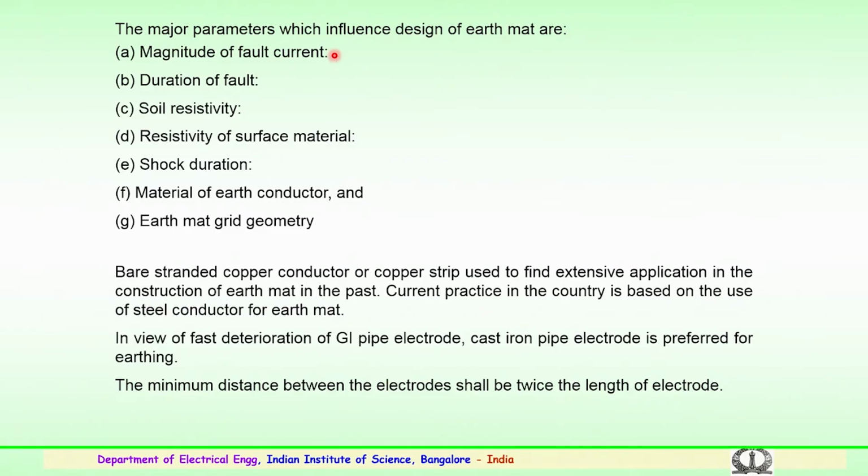This could be because of the economic aspects. So, in view of fast deterioration of the galvanized iron pipe electrode, the cast iron pipe electrode is preferred for the earthing, and also the minimum distance between the electrodes shall be twice the length of the electrode. That is the point to be noted here.